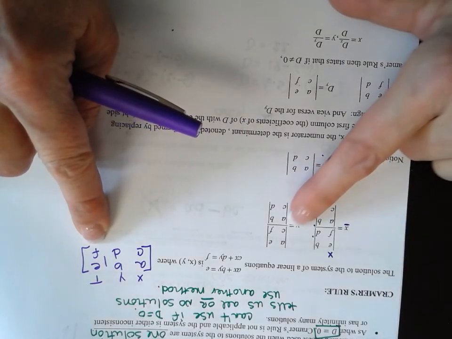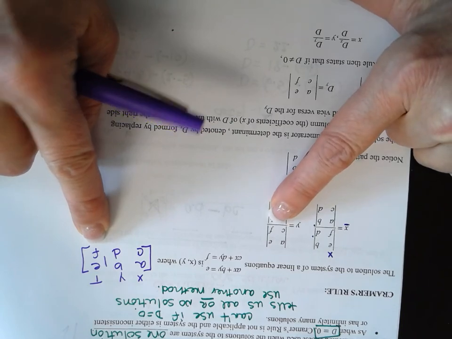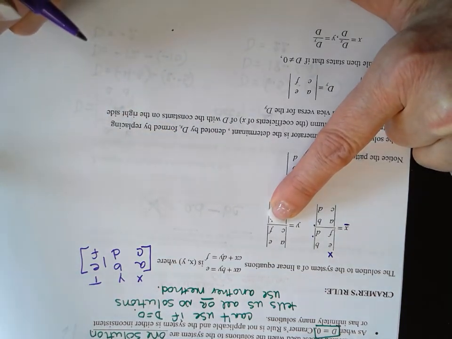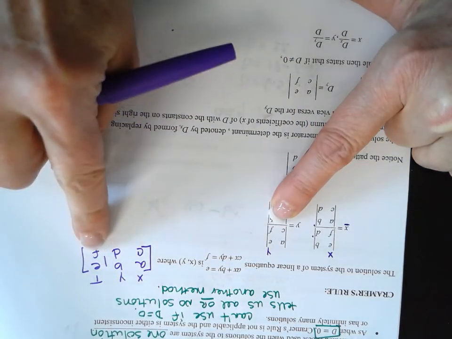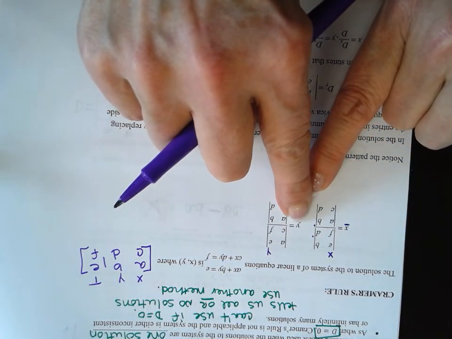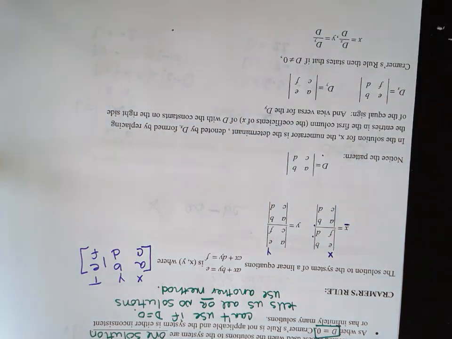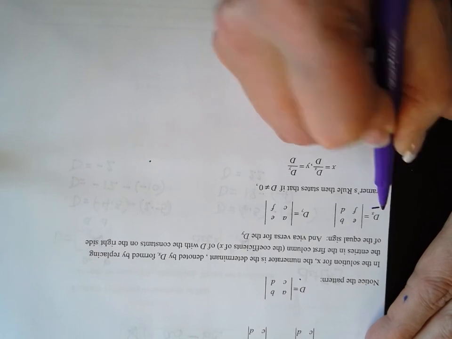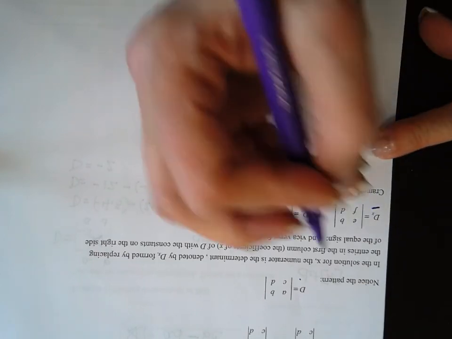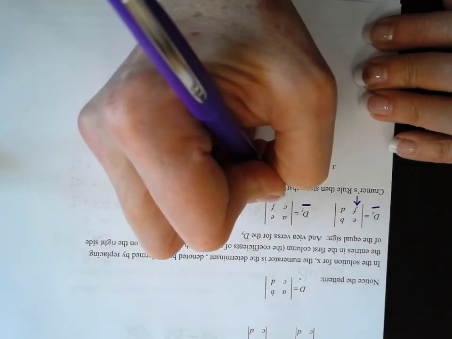In the next one, we replaced the y column with the totals because we were looking for y. So we find the determinant of x by replacing the x column with the total, and the determinant of y by replacing the y column with the total.